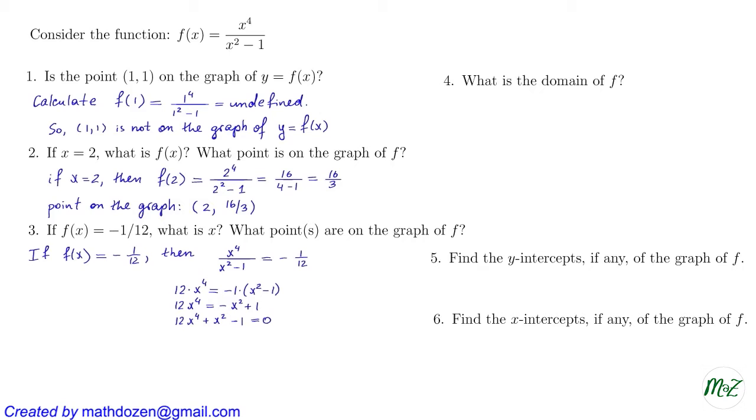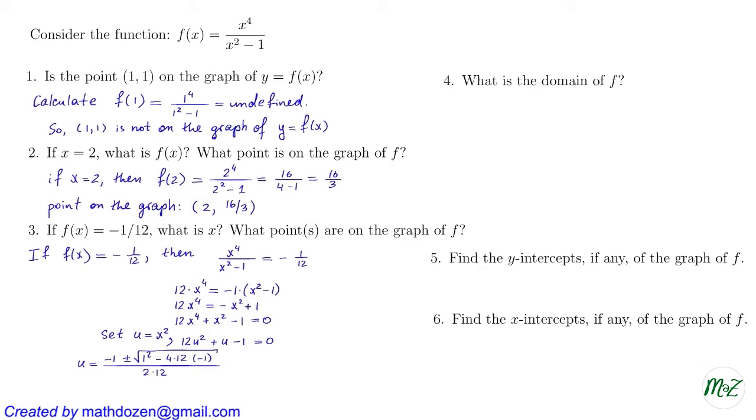Move all the terms to the left-hand side, and we're looking at the equation 12x to the fourth plus x squared minus 1 equals 0. If we set u equals x squared, this equation becomes 12u squared plus u minus 1 equals 0. So we get this quadratic equation in u.